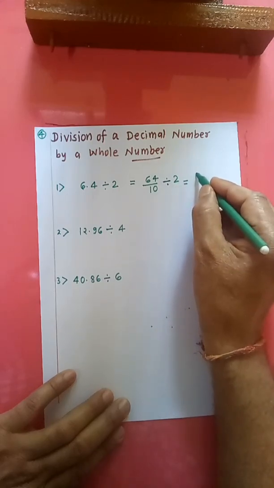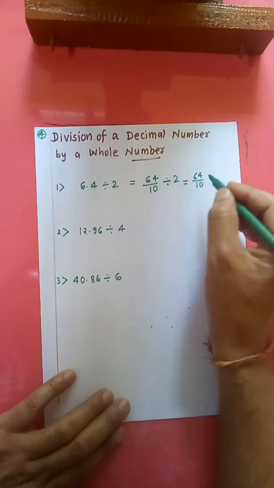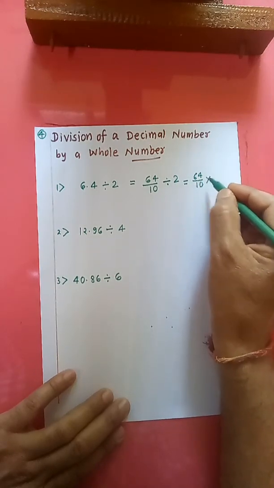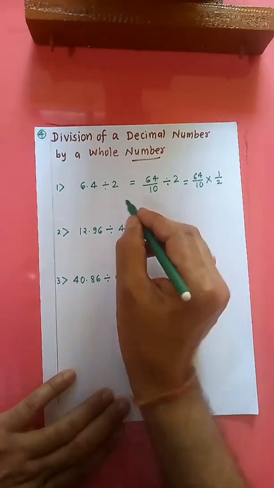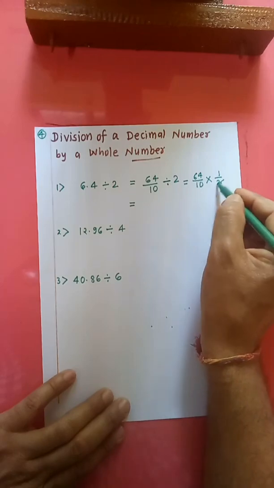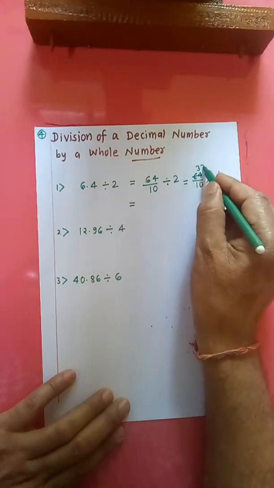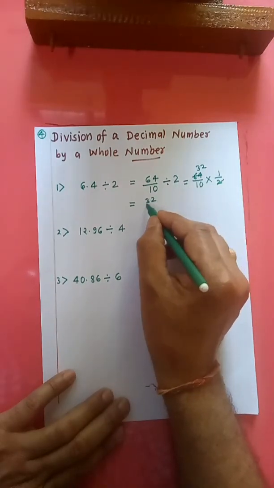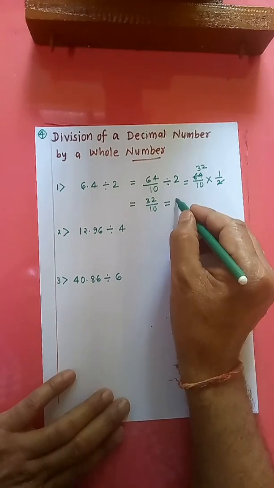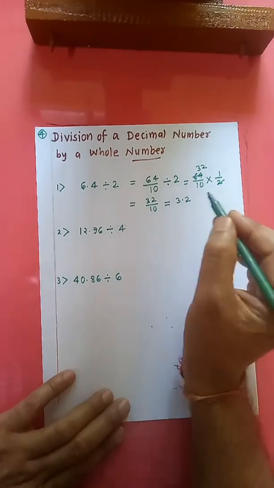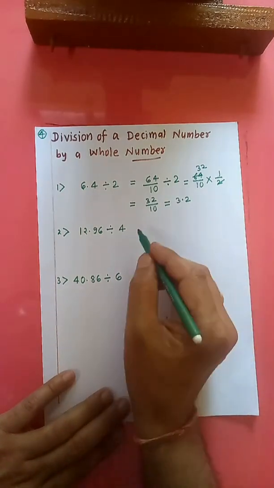So 64 upon 10 multiplied by the reciprocal of 2, which is 1 upon 2, gives us 64 divided by 2, 32 times, which gives 32 upon 10, and division by 10 gives us 3.2. So 6.4 divided by 2 is equal to 3.2.